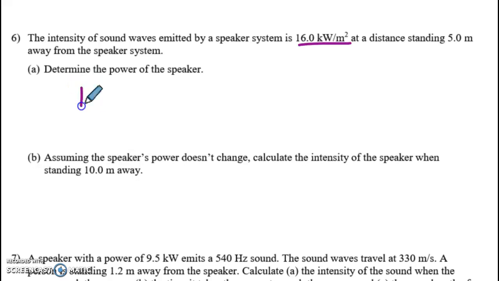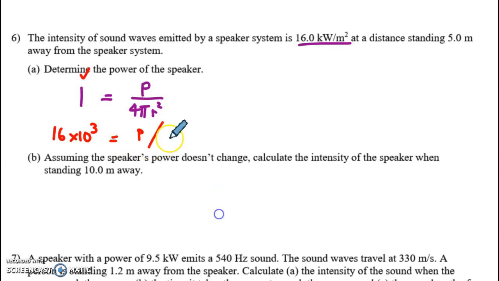Well, how do we find power? We use the intensity equation for spherical waves. We know I, that's going to be 16 times 10 to the 3 for the kilo. Power is the unknown. We have 4 pi. What's R? Oh yeah, it's the distance that the person is standing, because the wave travels this distance in every direction. We cross-multiply to get our answer.